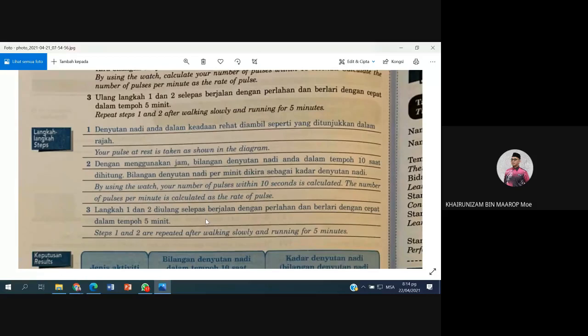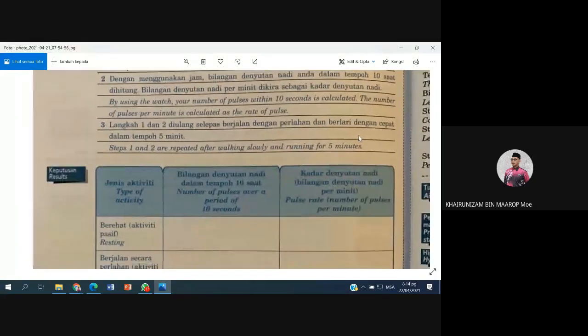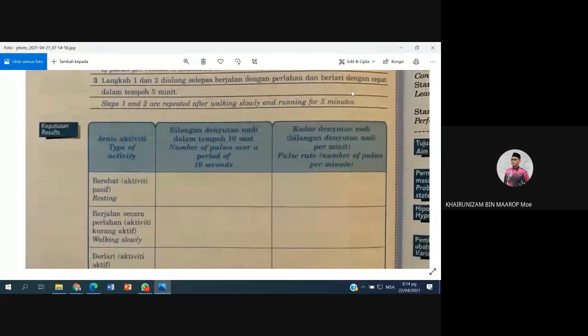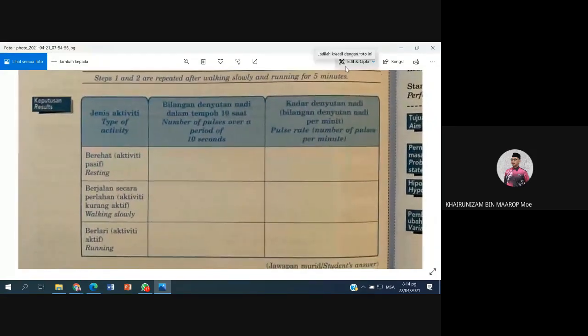Step 3, step 1 and step 2 are repeated after walking slowly and running for 5 minutes. That's your step, and then you write the result.